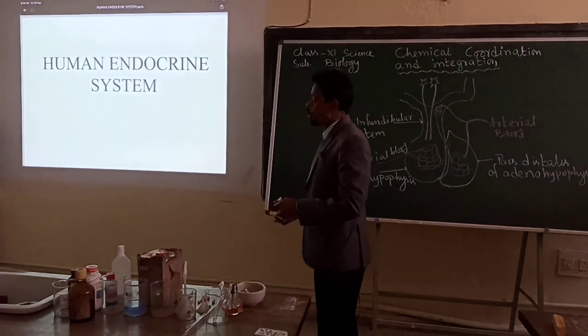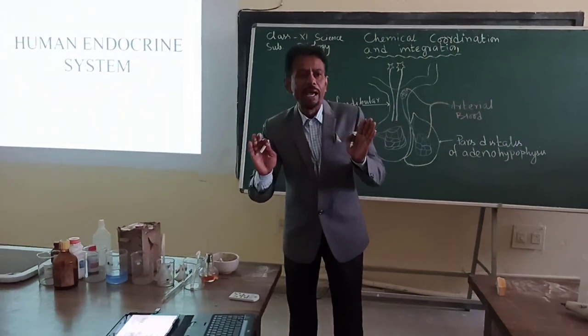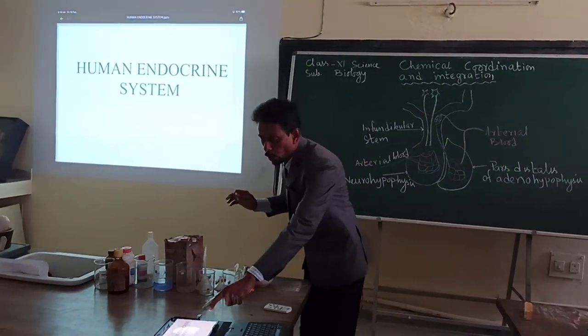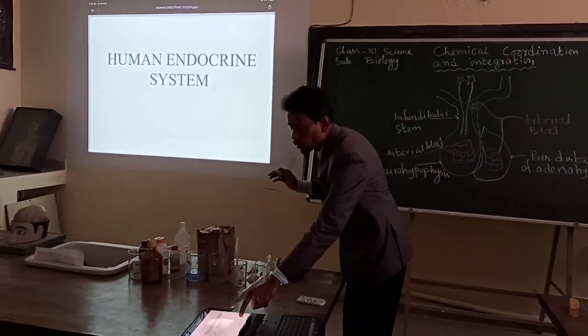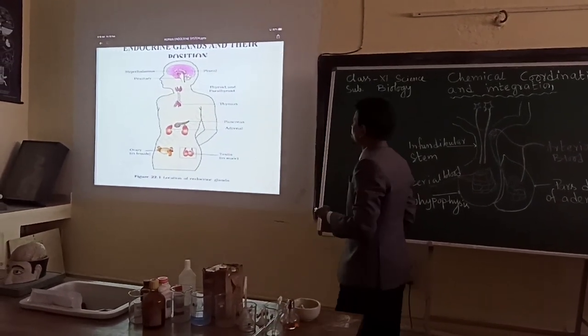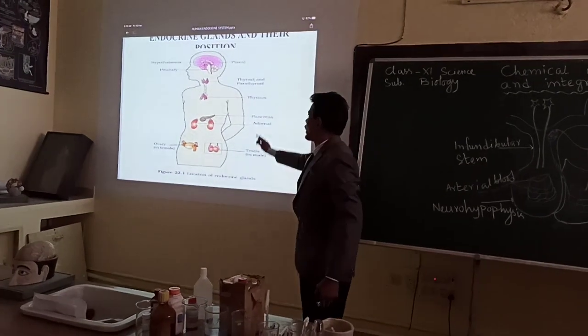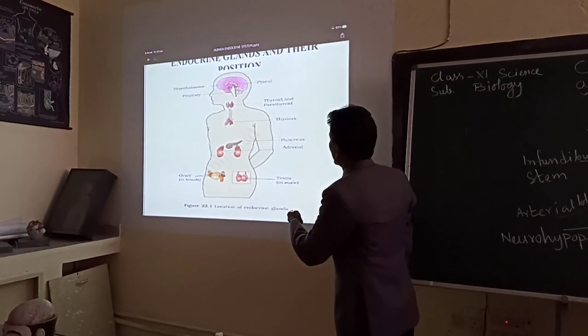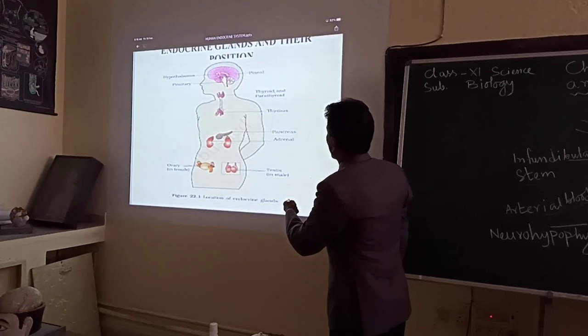Now we shall talk today about the different locations of endocrine glands. If you go through my PowerPoint presentation, here I am showing you the different endocrine glands. See the brain, the diencephalon part of the brain.